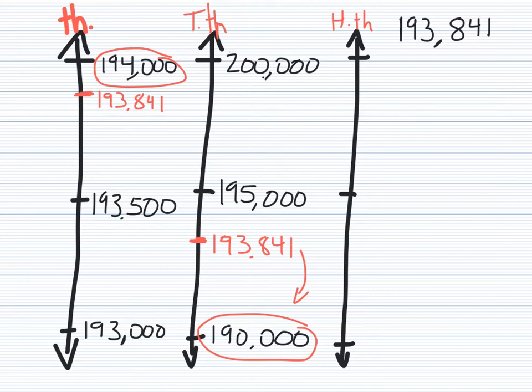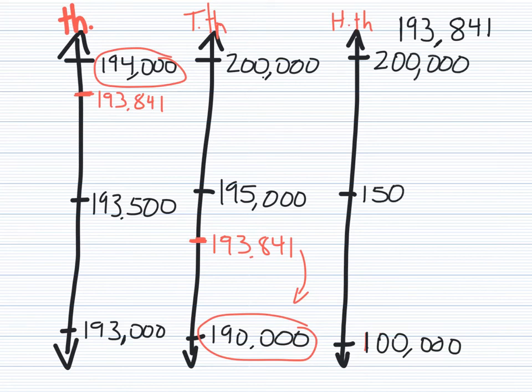Okay, now we're going to talk about the 100 thousandths column. Here we have a 1 in the 100 thousandths place. So my bottom endpoint is going to be 100,000. What is 100,000 more than that? 200,000. What is halfway between that? 150,000.